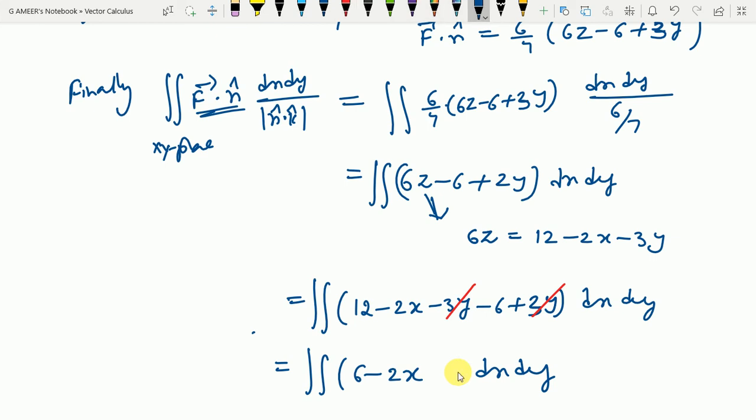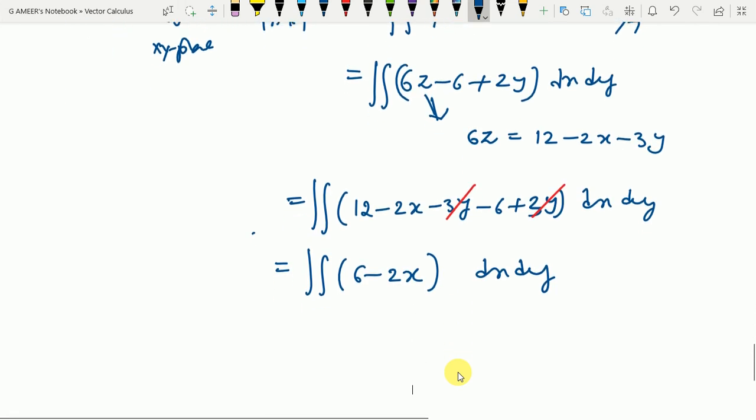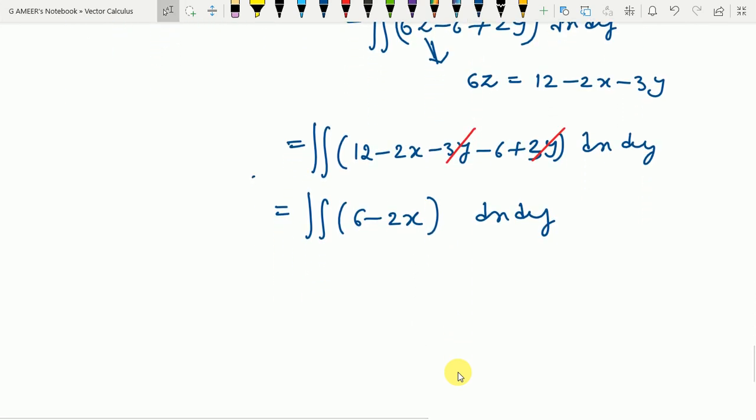So now we need to integrate, and here you must be careful. This will be equal to the integration of 6 minus 2x into dx, and the integration of dy. First we need to integrate y.